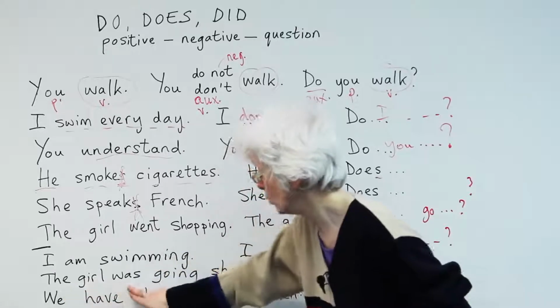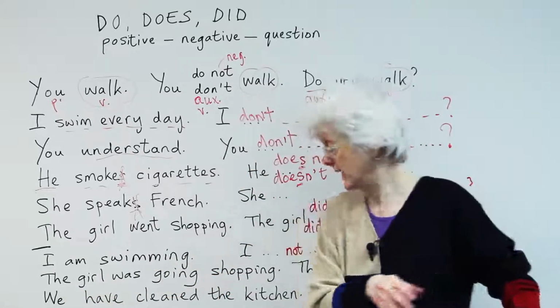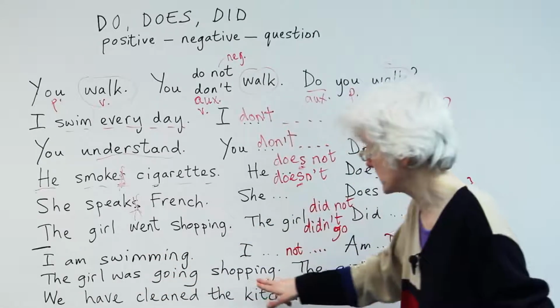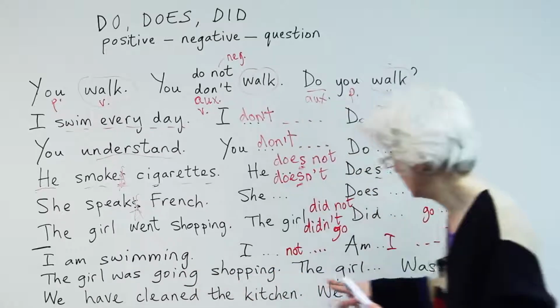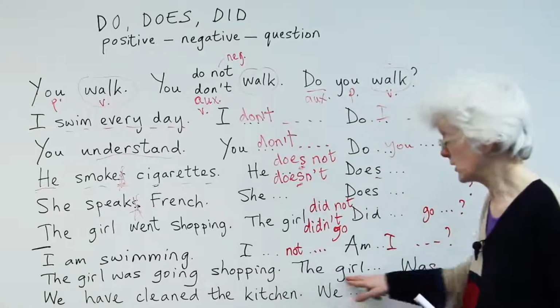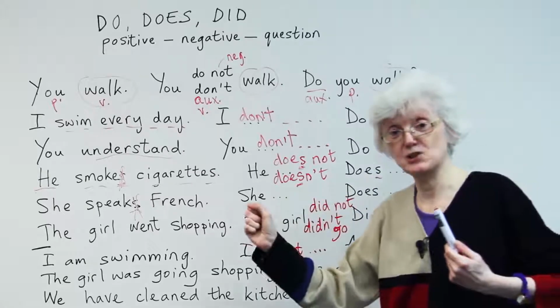Similarly, the girl was going shopping. We're in the past continuous tense now. That's present continuous. This is past continuous. The girl was going shopping. What do you think the negative might be? The girl was not going shopping.